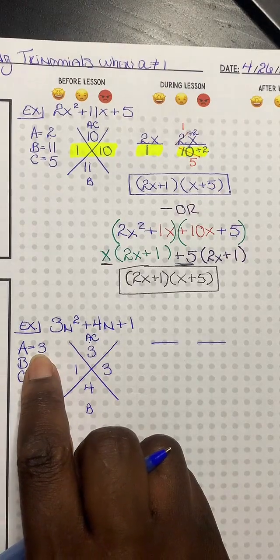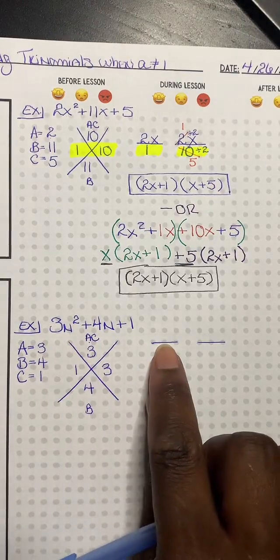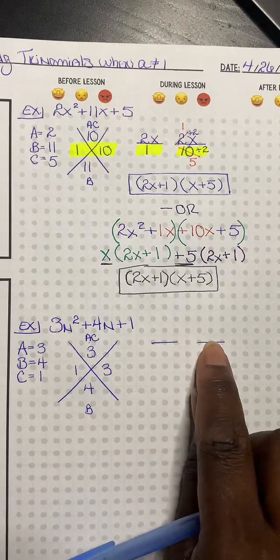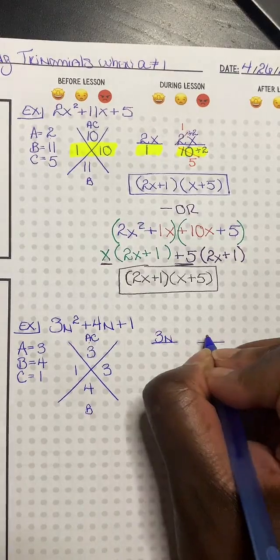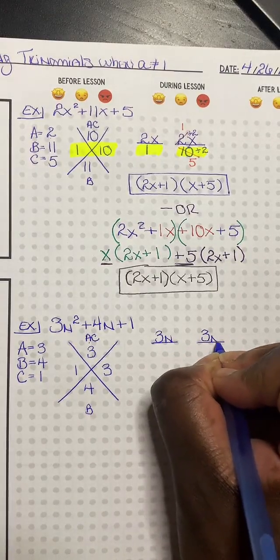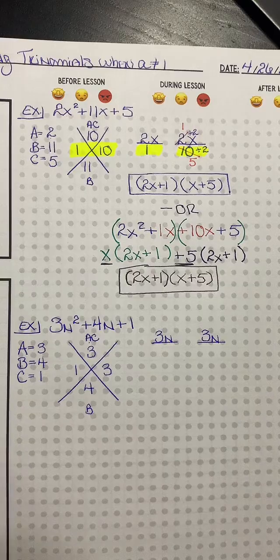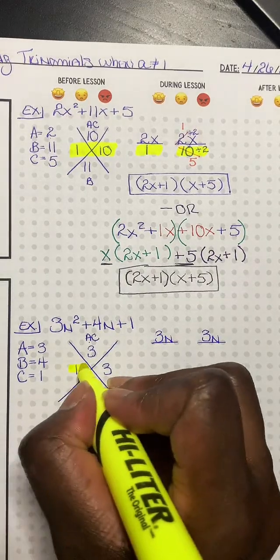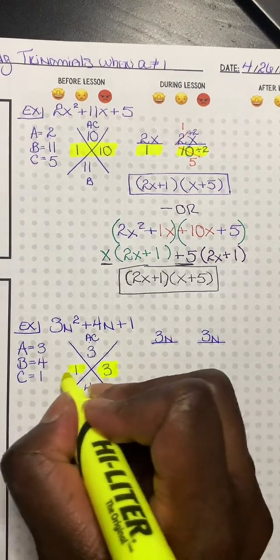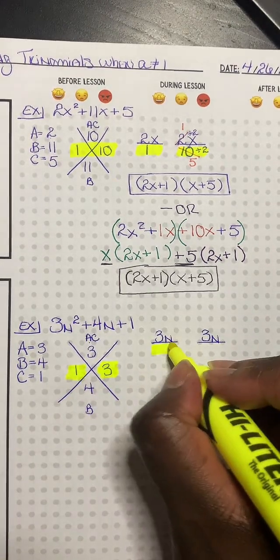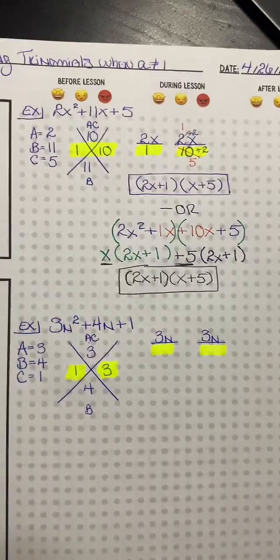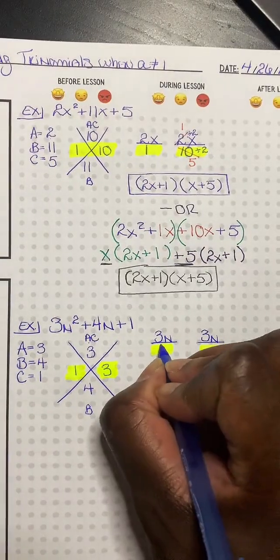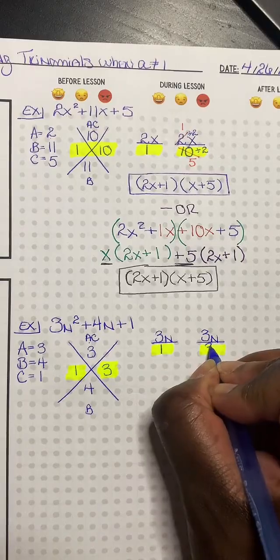We write the A and the variable as the numerators for both ratios, so it'll be 3n and 3n. Then the factors that we got are going to be the denominators of those 2 ratios. So this is going to be a 1 and this is going to be a 3.